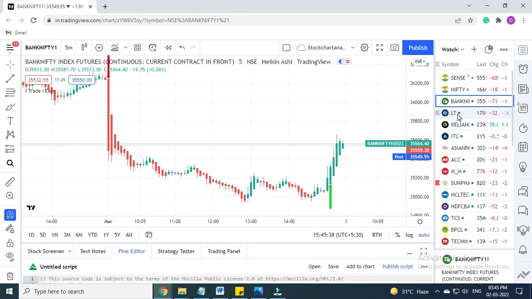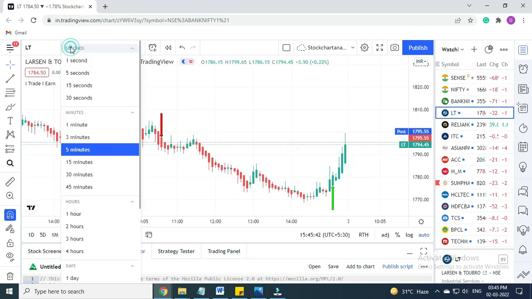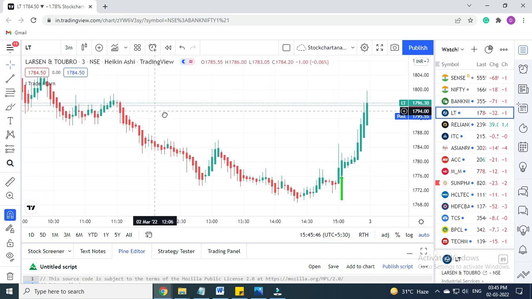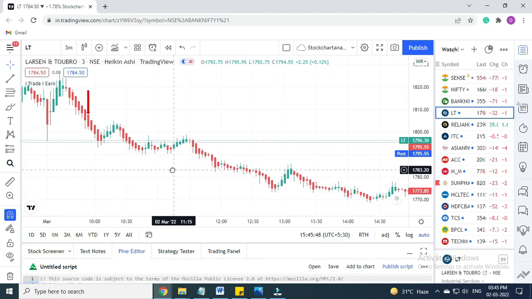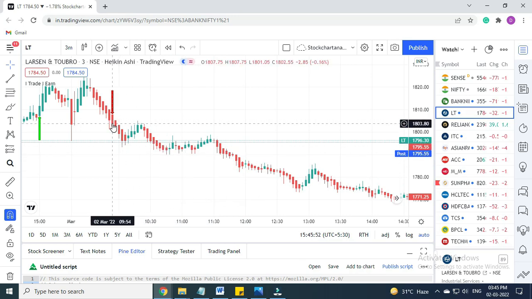Now let's look at some stocks. This is an L&T stock. For stocks we use a 3-minute time frame. For L&T we got a sell signal here.